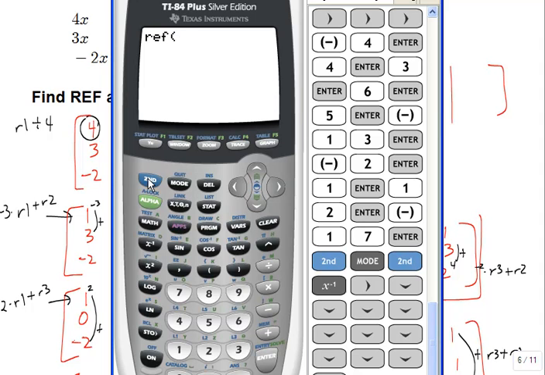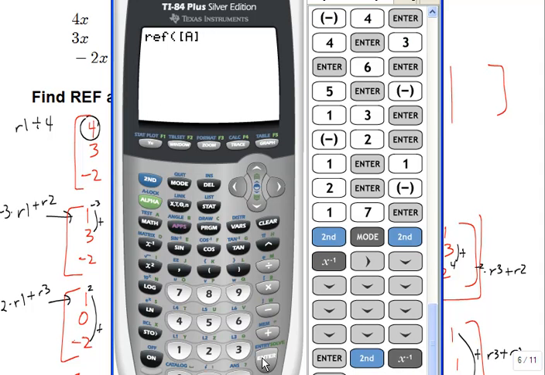So we have to go back to matrix again and get matrix A. So that's what this names is for. So once you get to matrix, your number 1 on A is already highlighted. So just hit enter and it'll paste matrix A into those parentheses. Close the parentheses, hit enter, and here's what the row echelon form is for matrix A without you having to do any of the work. Really nice, right? Saves you a lot of time and energy.